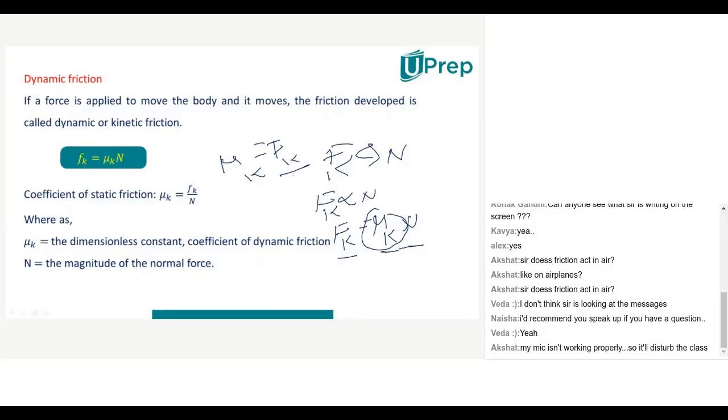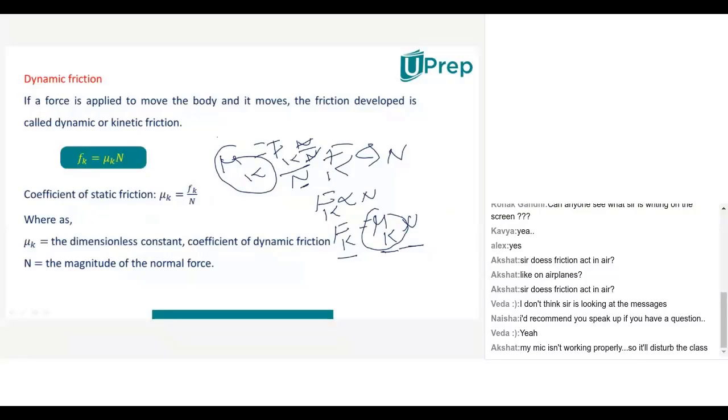Fk by N. So this is kinetic friction and this is normal reaction. Kinetic friction will have a unit of Newton. This normal reaction also will have a unit of Newton. These two will be cancelled. That's why mu k also will not have any unit, just similar to that of static friction.